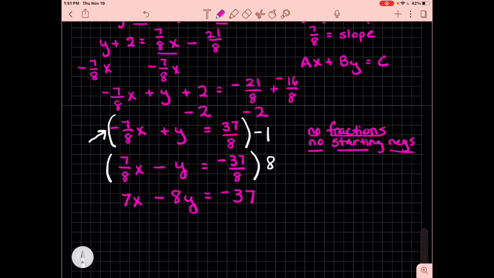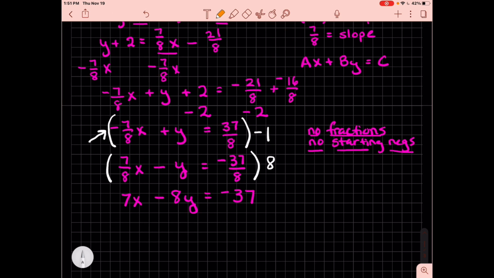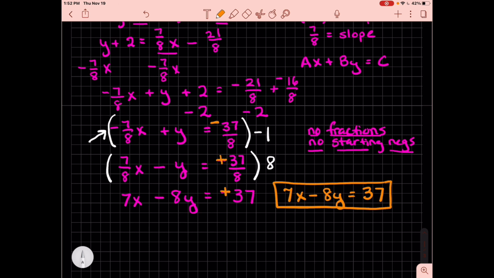Oh, I think I see what I did wrong now. Here, I'll show you in another color so it sticks out. So when I did this math right here, this was supposed to be negative, and so therefore this became a positive, and it would be a positive here. So my real answer is this: 7x minus 8y equals 37. So how's that?